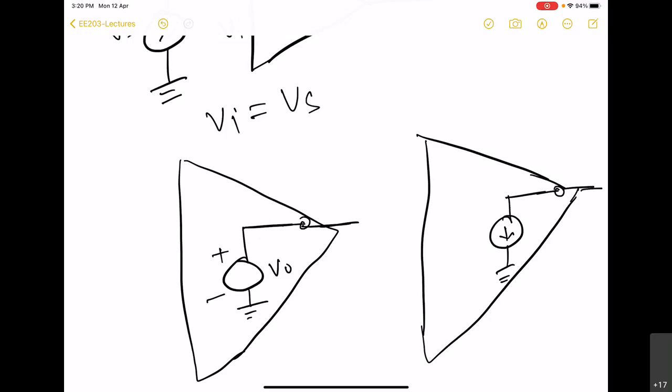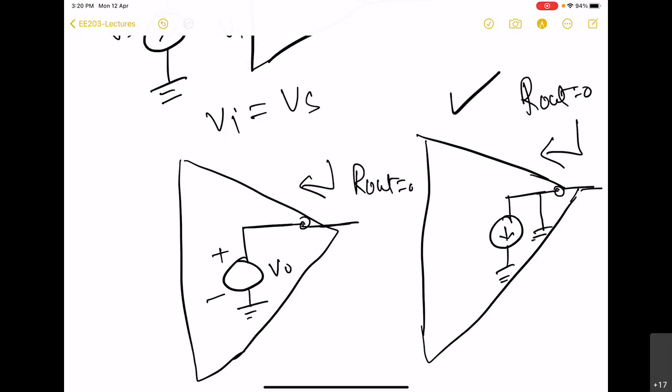So to make this Rout equal to 0, what you will have to do is provide a short circuit. If you try to model in this second way, and then connect any load here, you will find there will be no current through the load. So this IL is always going to be 0. I will never be able to deliver any voltage or any current to the load if we decide to use this model, ensuring Rout to be 0.